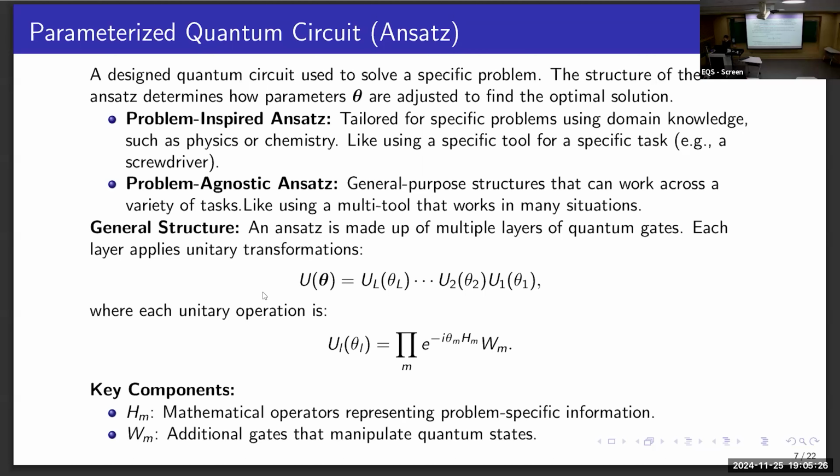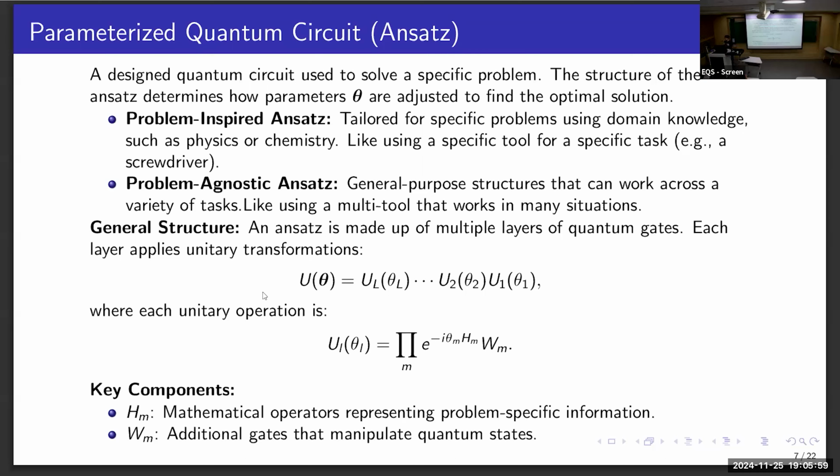There are two kinds of ansatz, problem-inspired and problem-agnostic. Problem-inspired is for specific problems using some knowledge such as physics or chemistry, like a screwdriver, a specific tool for a specific task. Problem-agnostic ansatzes are general-purpose structures, like a multi-tool.